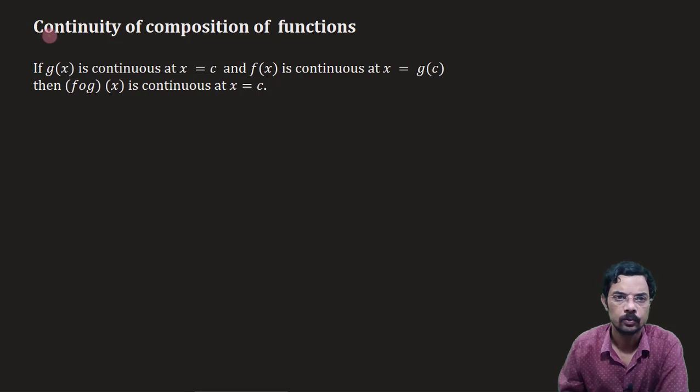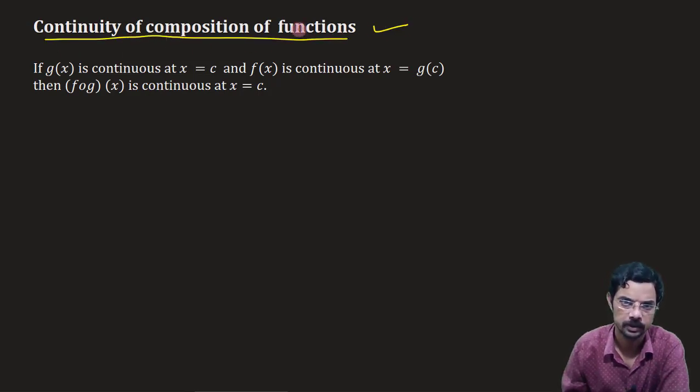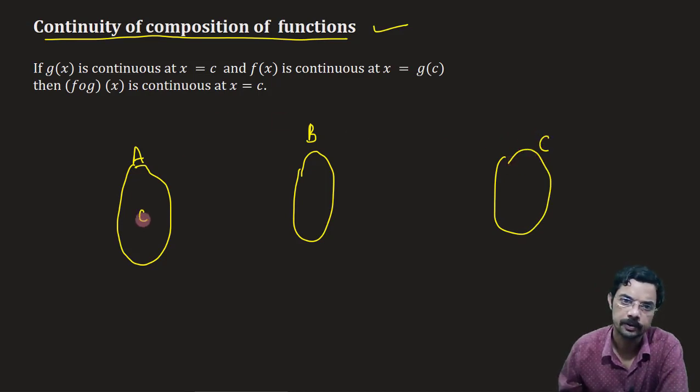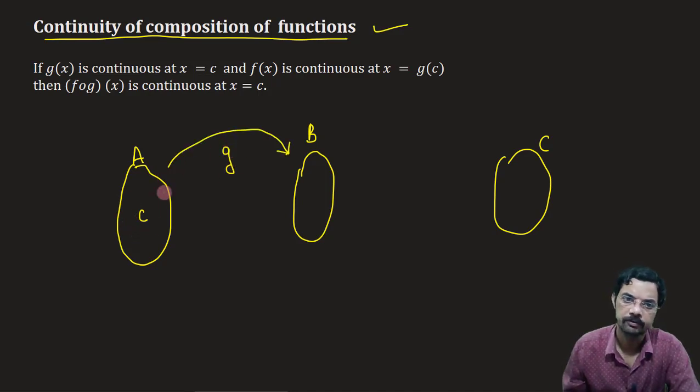Now let us discuss continuity of composition of functions. Suppose we have three sets, set A, set B and set C. There is a point c here, x equal to c, and g is a continuous function defined from A to B. So here we have the image g of c.